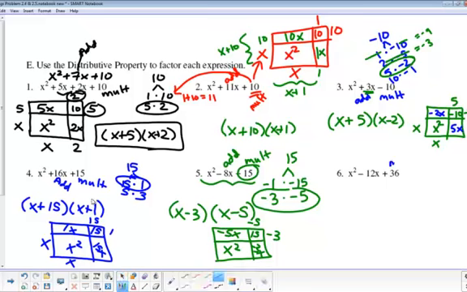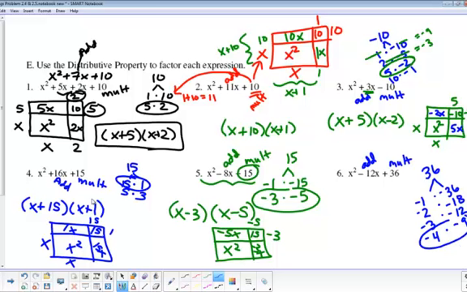Two numbers that multiply to give 36 and add to give negative 12. So 36, we've got 1 and 36, 2 and 18, 3 times negative 12, 4 times 9, both negative, and we have our answer, so we don't even need to go any farther because that adds to give negative 12.